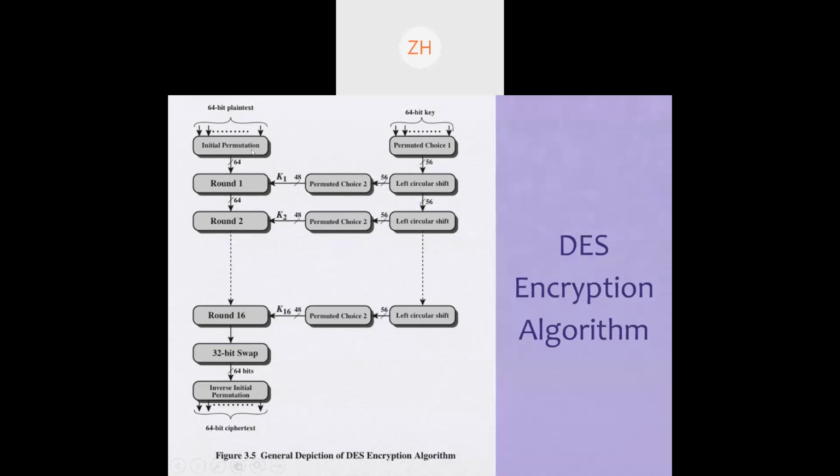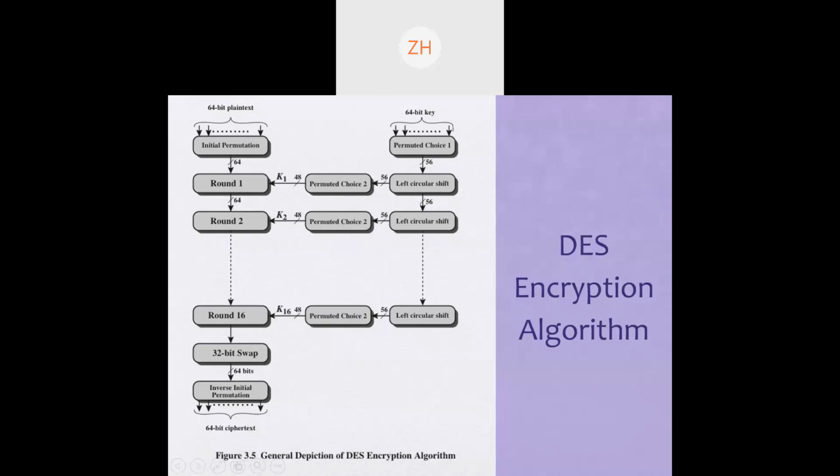Okay, look at the initial permutation. Look at the inverse initial permutation. We don't have this permutation in the Feistel block cipher, right? This is the only difference.